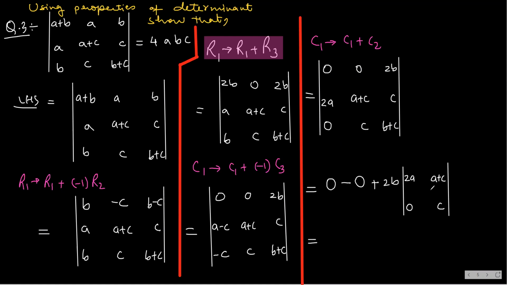Plus 0 plus anything is that thing. 2B, and inside the bracket you will get 2A into C minus 0 into this. So 2AC minus 0 into anything is 0. So you got 2B multiplied by 2AC, that is 4ABC. What are you getting? 4ABC, which is the RHS. I hope it's clear to you all. Please copy this fast.